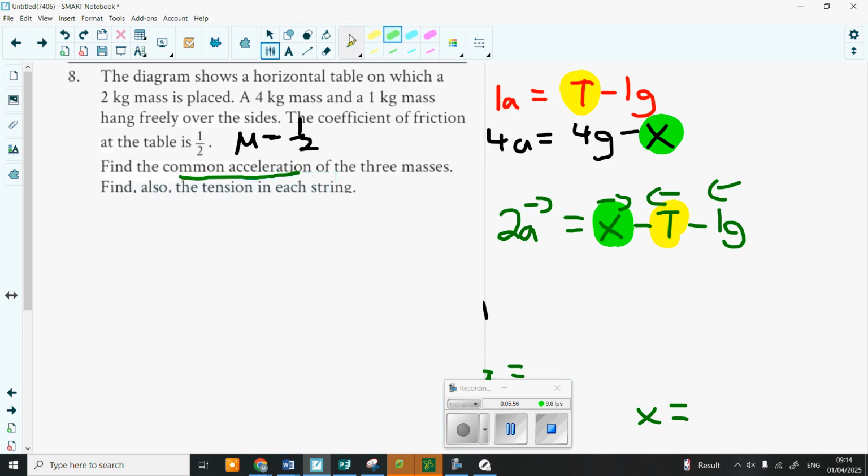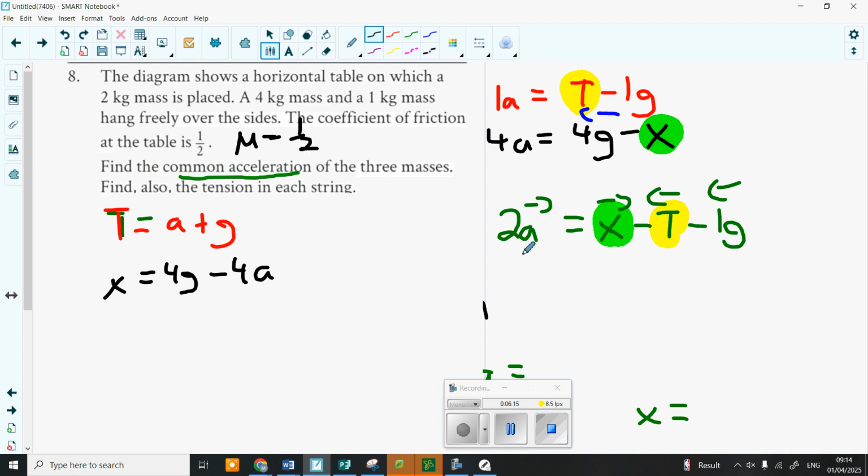Okay. Many people got T equals A plus G. That's for the red one. And then when you move X to the left using the black equation, X equals 4G minus 4A. Then sub into the main one.